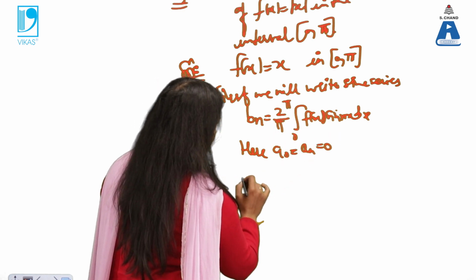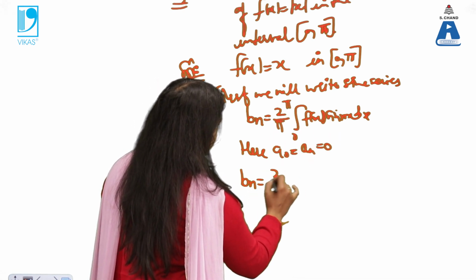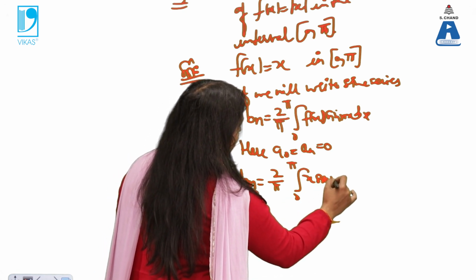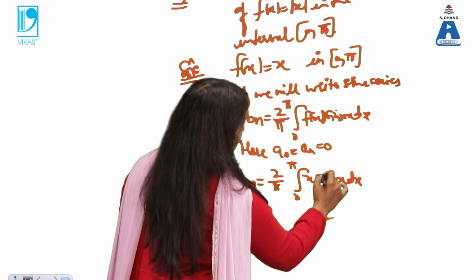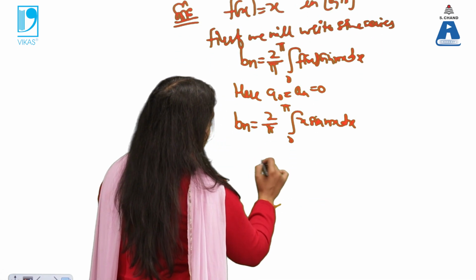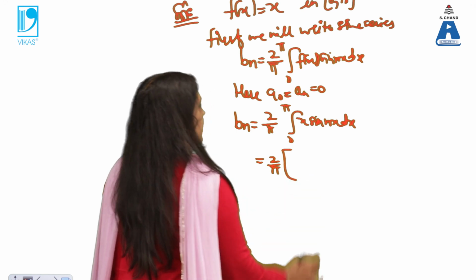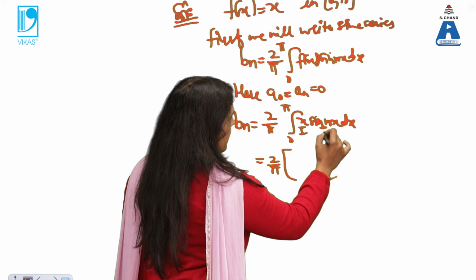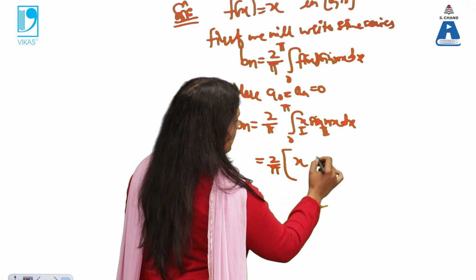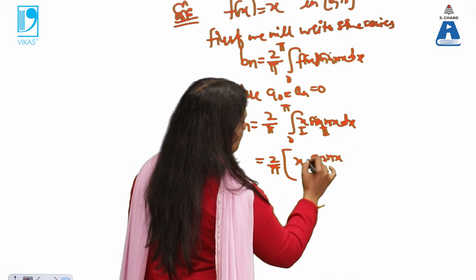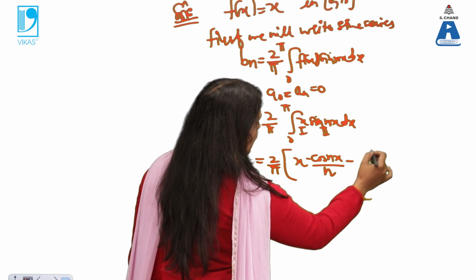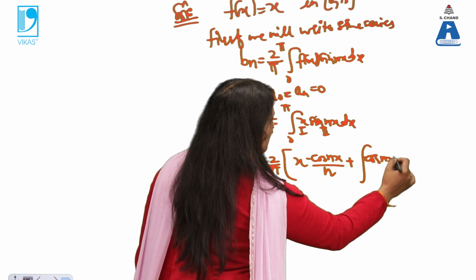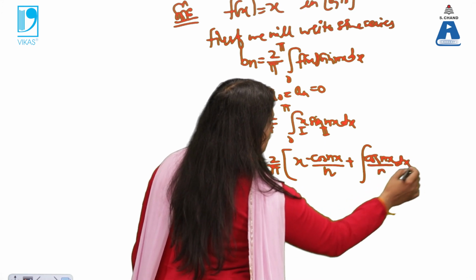Now I am calculating the series. This is my Bn value. Bn is 2 by pi integral 0 to pi of x sin nx. Because it is a product of two functions, I will apply the integration by parts rule. So for x sin nx, the integration is minus cos nx by n, minus derivative of first and integral of second, minus minus becomes plus, cos nx by n dx.